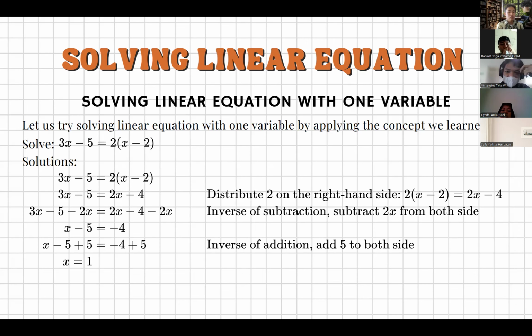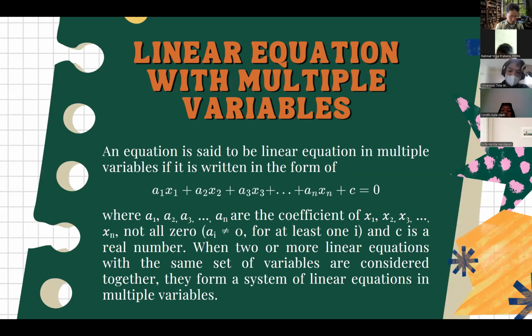Next slide, please. Okay, so this is a linear equation with multiple variables. An equation is said to be a linear equation in multiple variables if it is written in the form of a1 multiplied by x1 plus a2 multiplied by x2 plus up to an xn plus c equals 0, where a is the coefficient of every x, with at least one a not 0, and a real number.